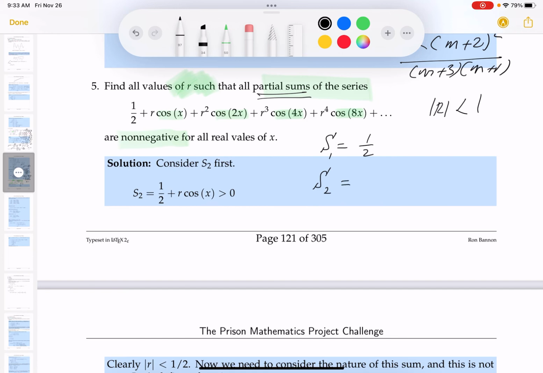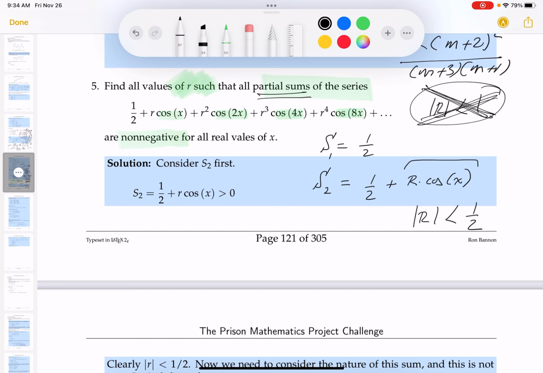S2 would be 1/2 plus r cosine x. Now to guarantee that this is positive, I have to realize that the cosine could be -1. You don't know what it is. So what's the most r could be? The most r could be 1/2. So I could write this down. With no thinking, I would have said that. With some thinking, I would have said this.